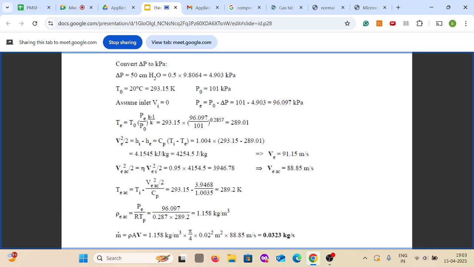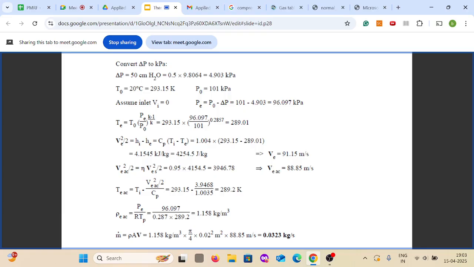Since it's reversible adiabatic flow, or isentropic flow, your stagnation properties throughout the flow will remain the same. So at the exit we can write, using the isentropic compression formula, Te is T0 times (Pe by P0) raised to power (gamma minus 1) by gamma.